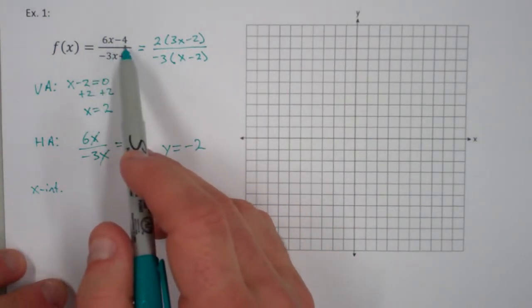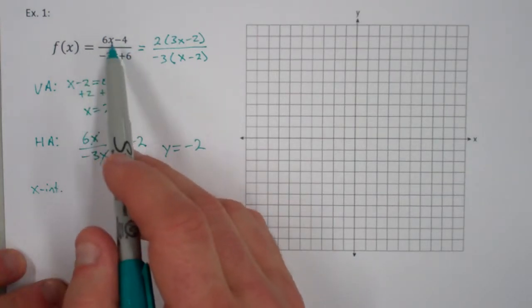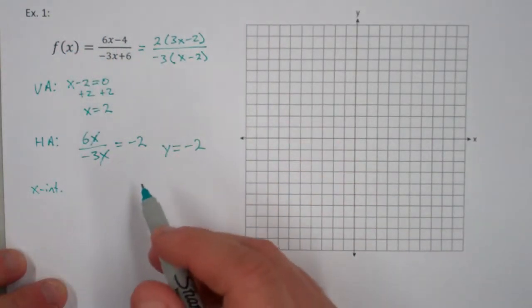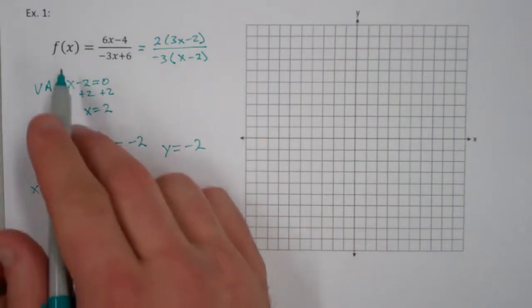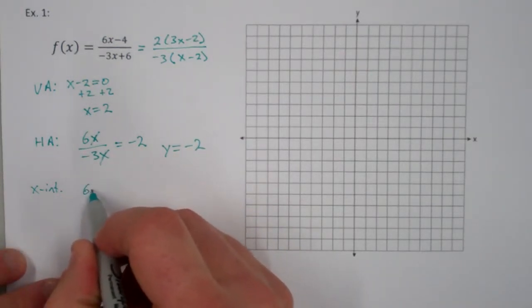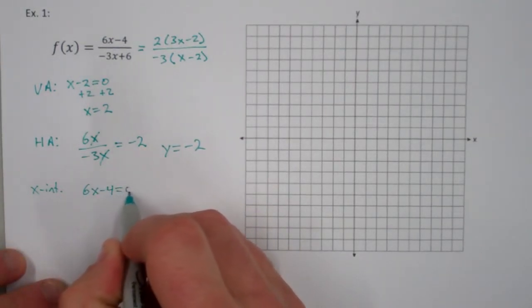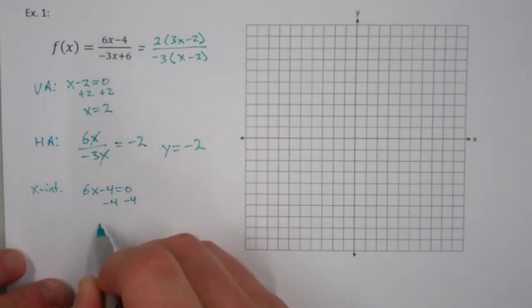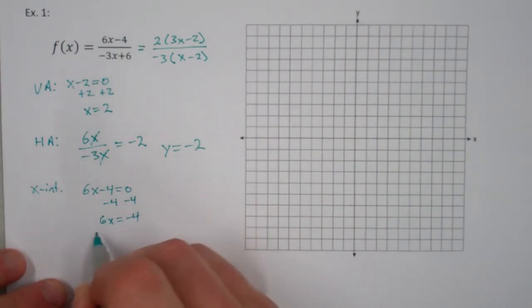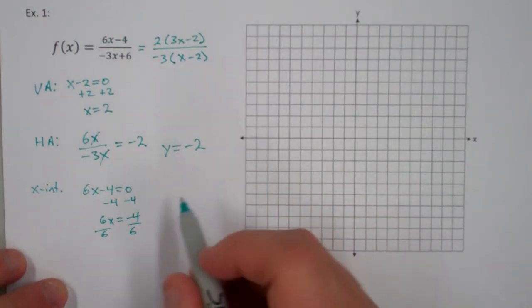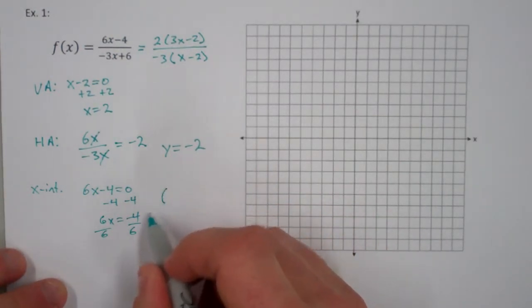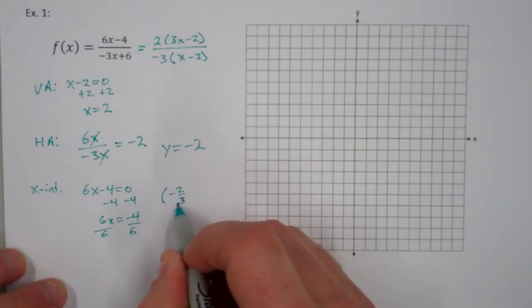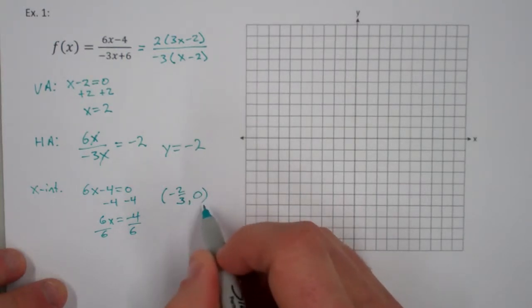As long as 6x minus 4 is 0, 0 divided by some number will give us that x-intercept. So we just set the numerator equal to 0 and solve. We'll divide by 6 here, and we have an x-intercept of negative 2/3, comma 0.